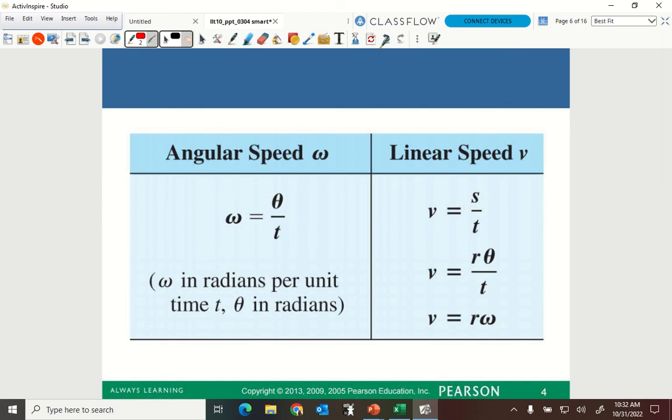I got RW, don't I? So RW, I got my V already, right? There we go. So for part B, I already solved for my V because that was the easiest thing to get next.